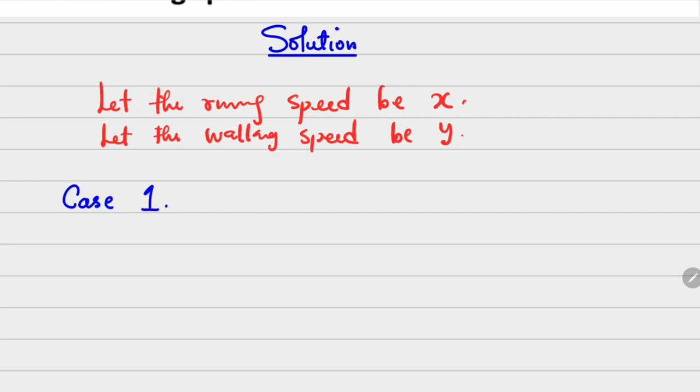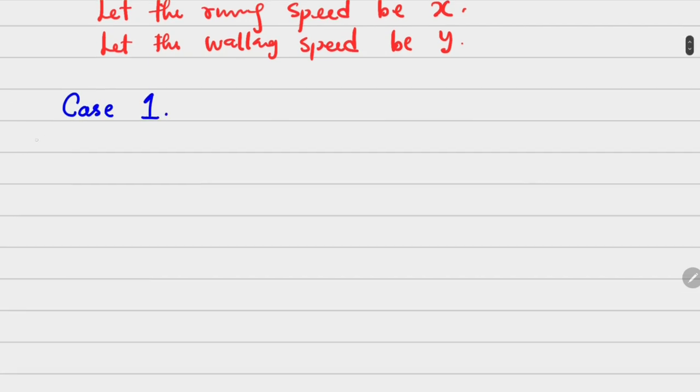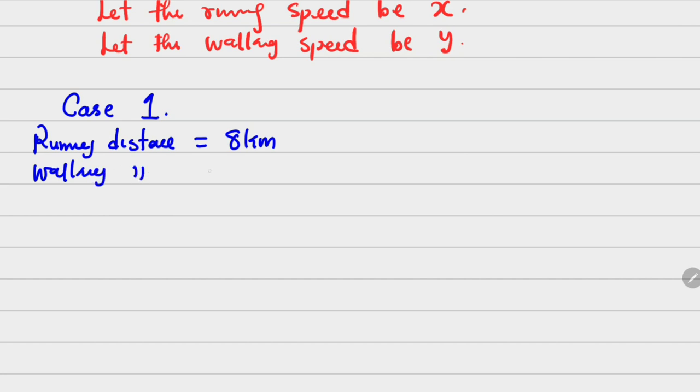Now, case 1, we are told that he actually covered 10 kilometers. But of those 10 kilometers, running distance is 8 kilometers. Then walking distance covered is 2 kilometers.